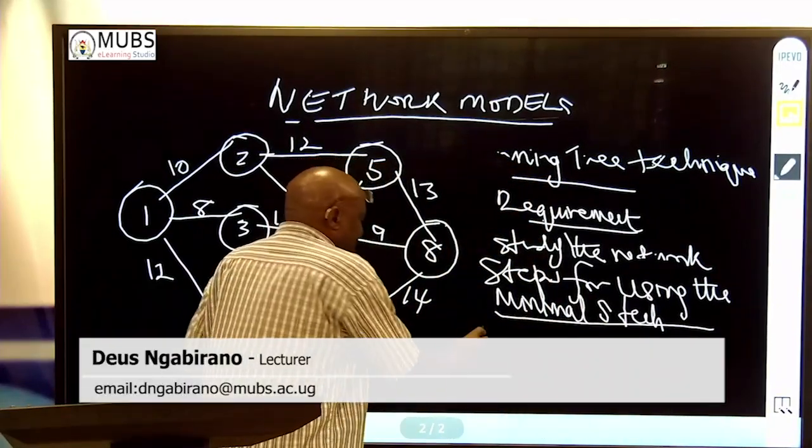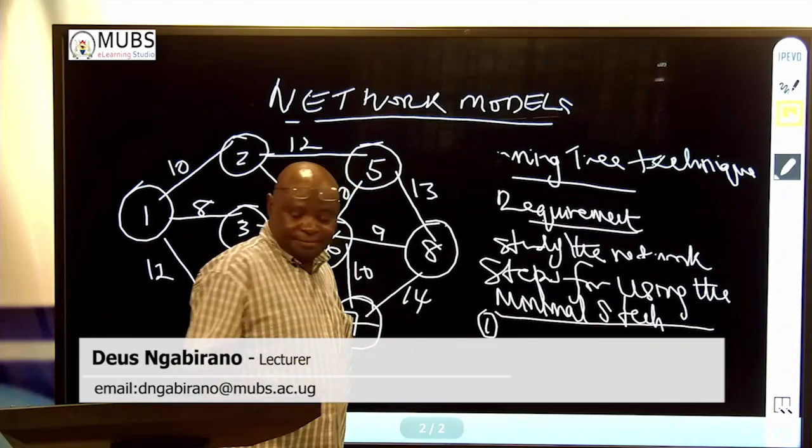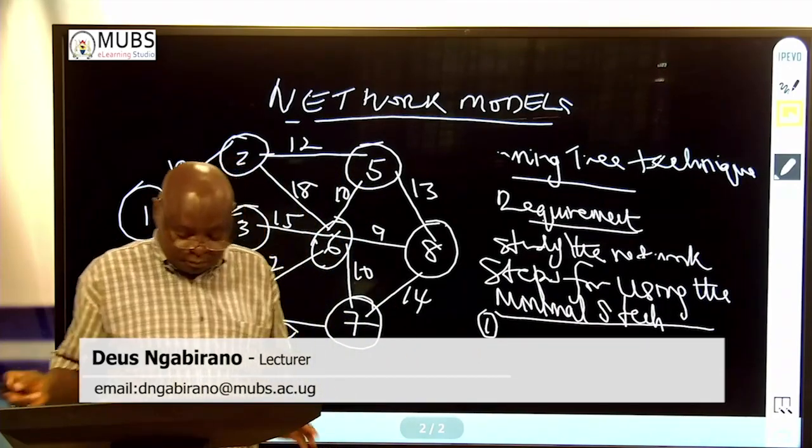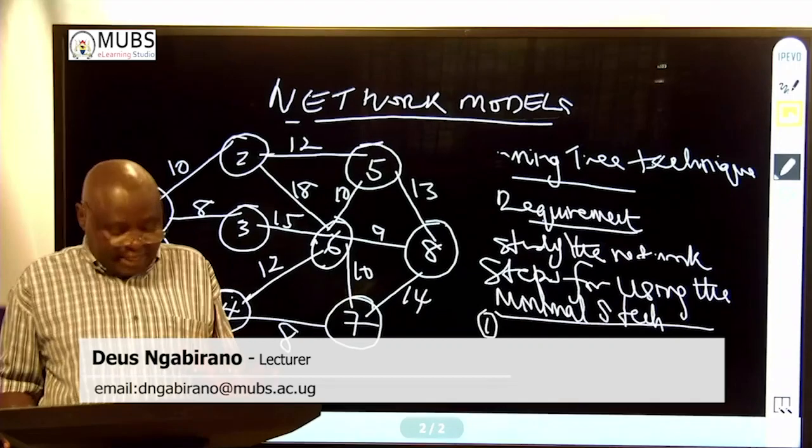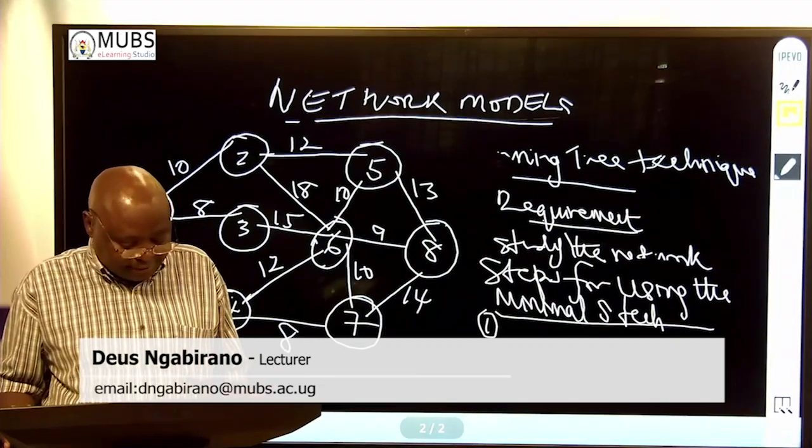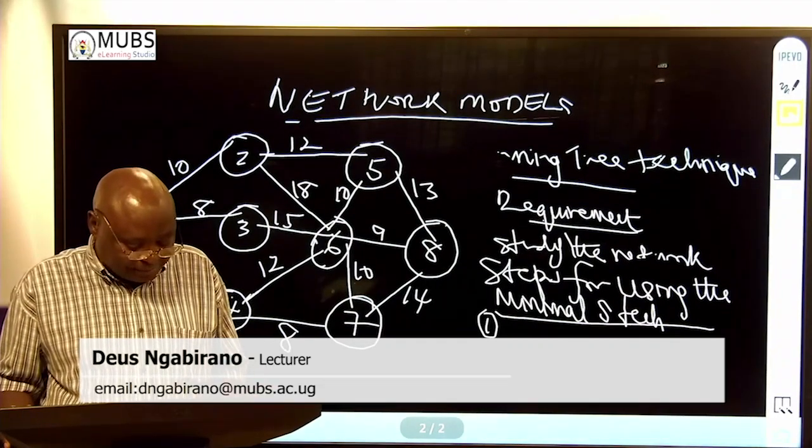It has various steps. Number one, we select any housing unit or node in the network.